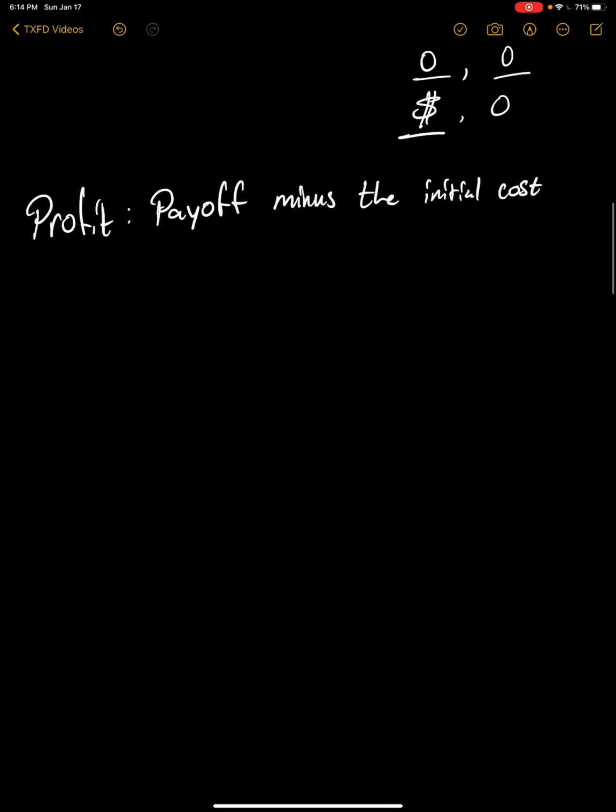The initial cost can be defined in two ways: in terms of an accounting profit, which just takes the raw dollar amount, in which case the accounting profit would be defined to be the payoff minus V0, or an economic profit.